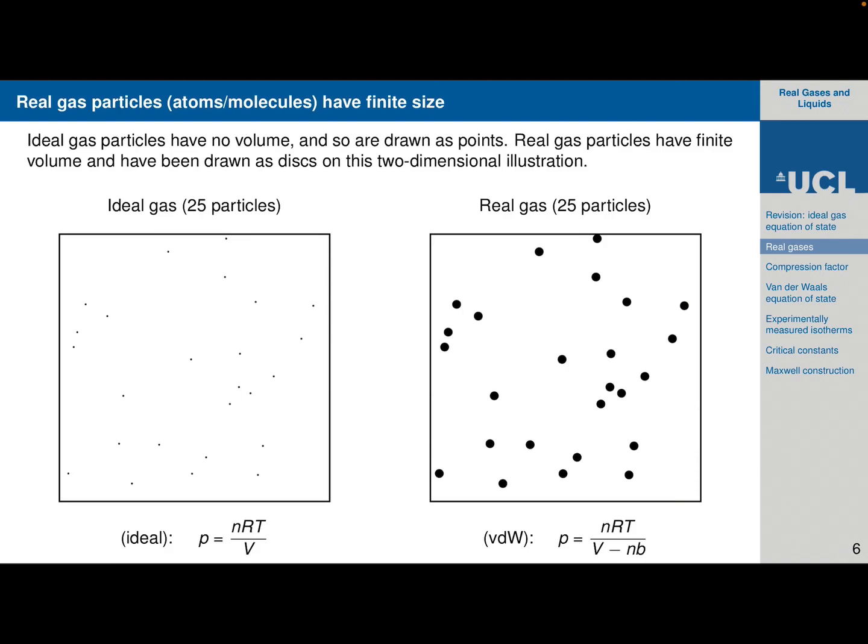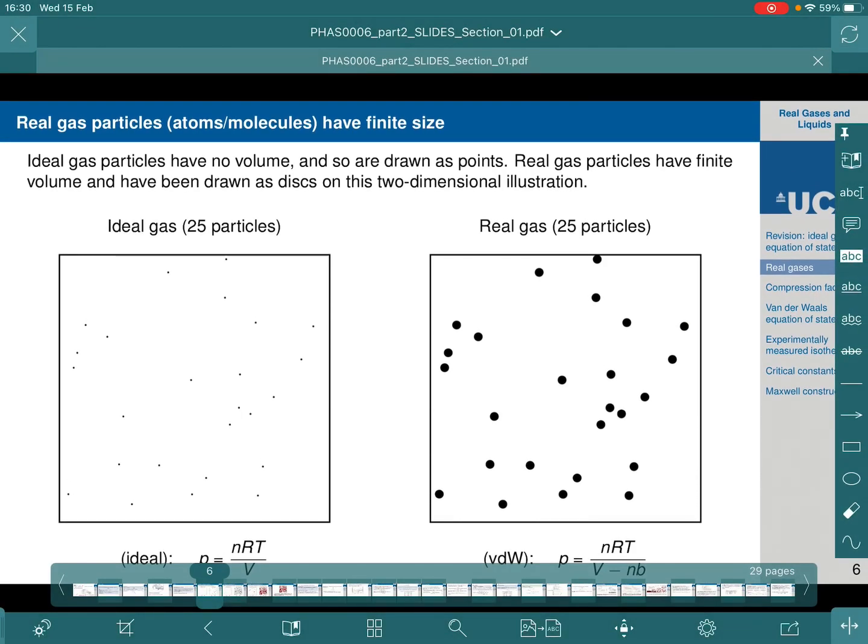On the right hand side, I've drawn again 25 particles, but now I've made the dots themselves larger, and that's supposed to visually illustrate the idea that the gas particles have a finite amount of volume, right? So you can see that these particles are actually taking up some of the volume in this container, right?